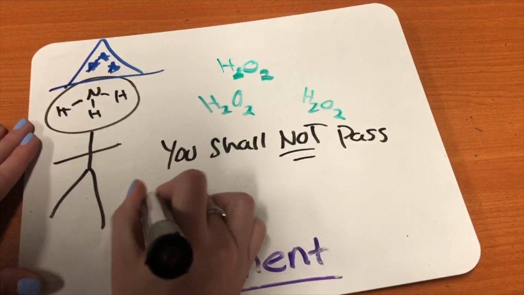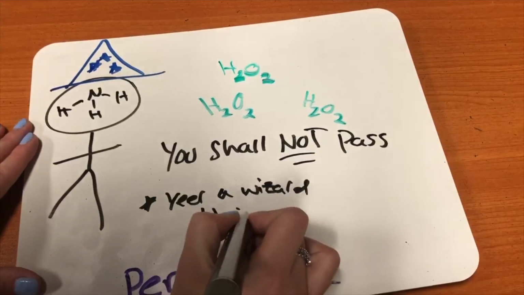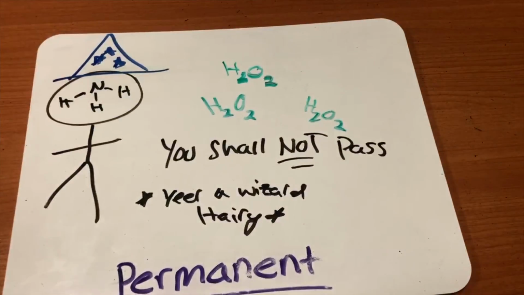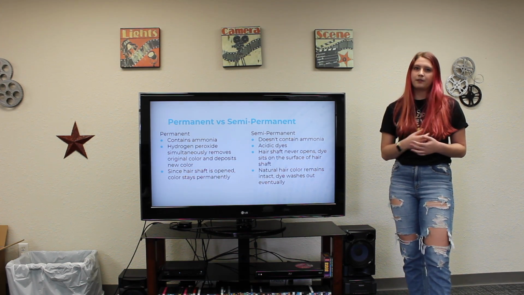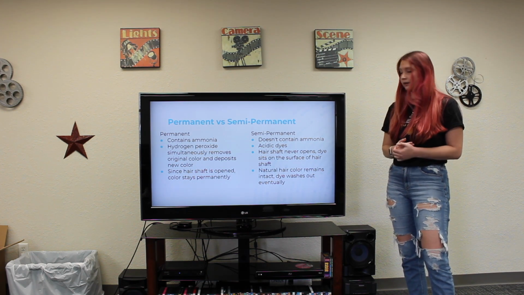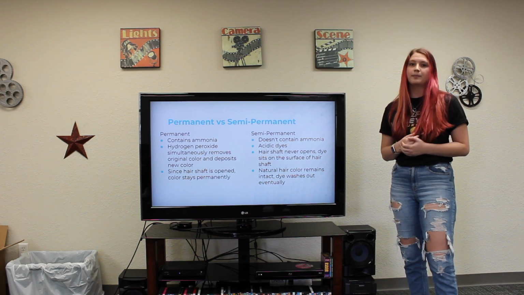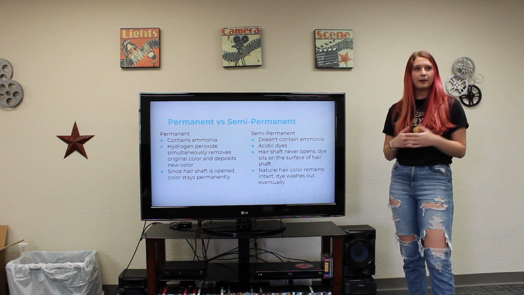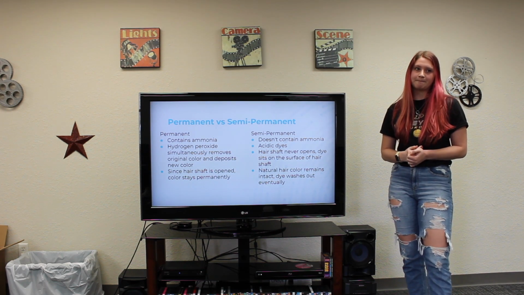Since the hair shaft is open, the color stays permanently and cannot be removed, but it can be changed by more dye. The semi-permanent dye does not contain ammonia, so it just sits more on the surface of your hair and it washes out quicker. Natural hair color will remain intact because of this, and once the semi-permanent dye washes out, your original color will remain.